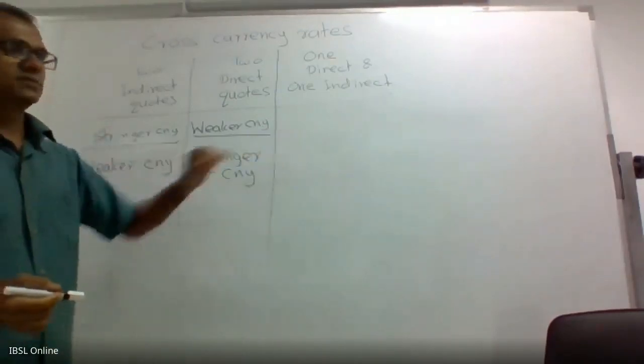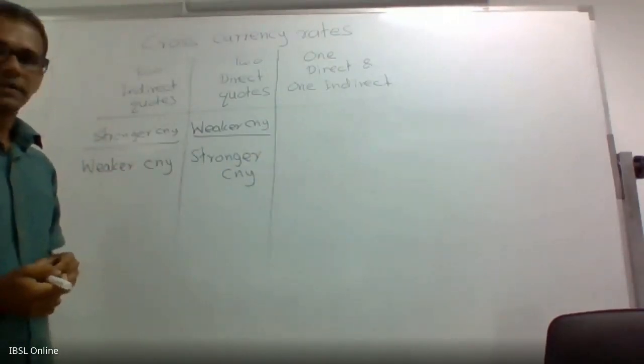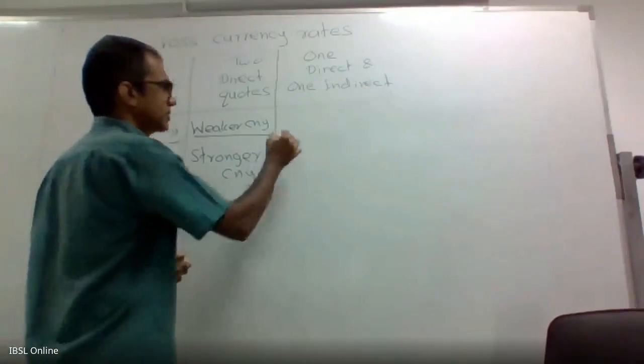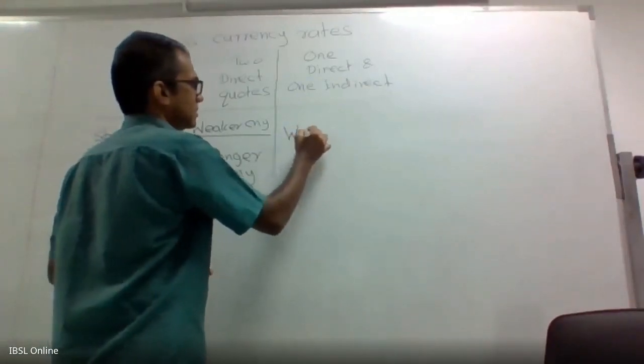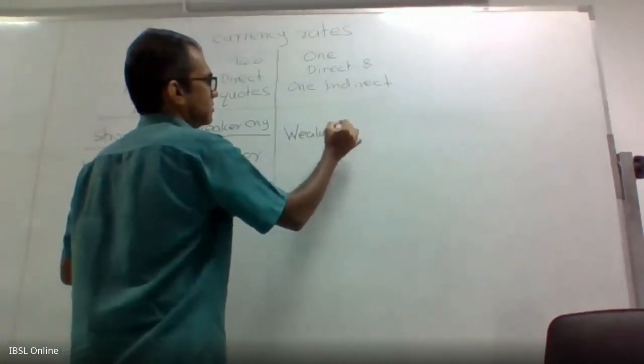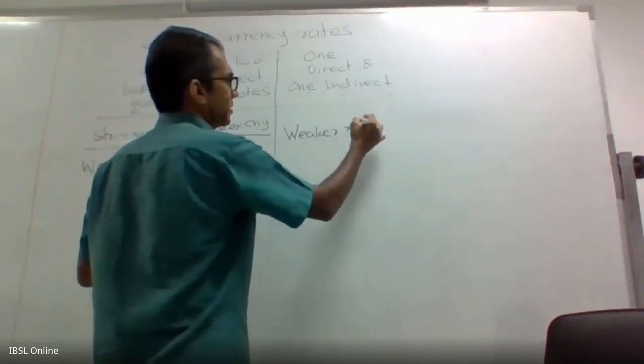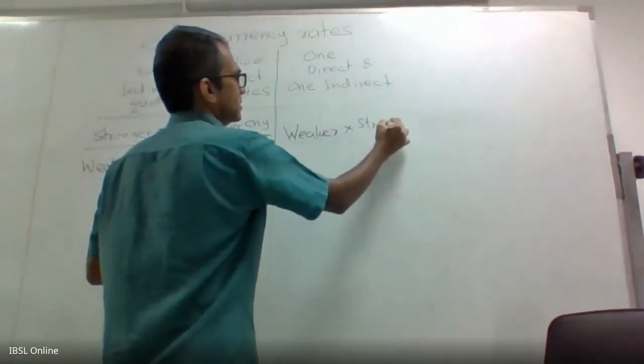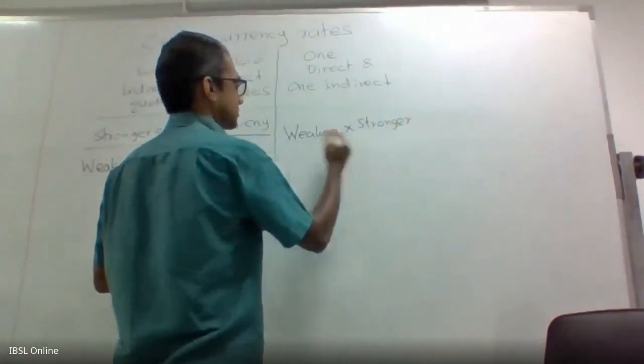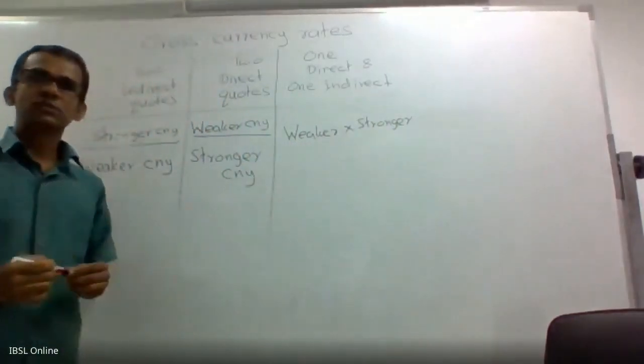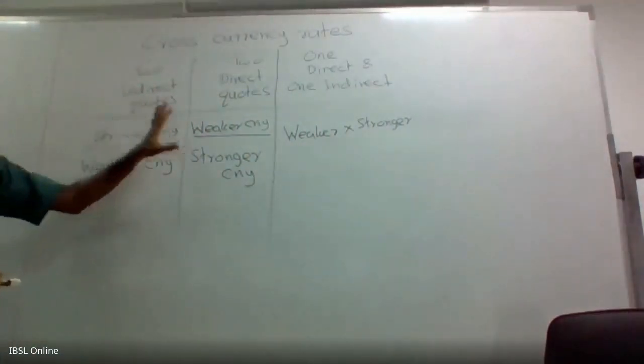When you have one direct quote and one indirect quote, it is just the weaker currency exchange rate multiplied by the stronger. So just the multiplication of the two exchange rates.